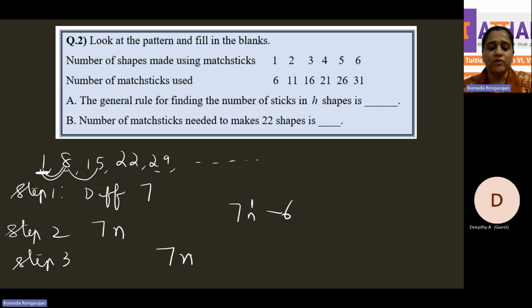If you put n as 1, the answer should be 1. If you put n as 2, what answer should you get? No, you both are not answering.